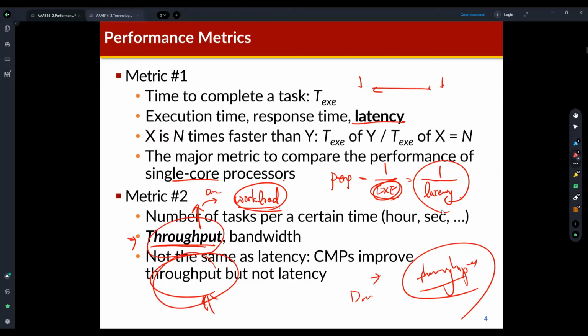So usually, what is the definition of performance? Performance is the inverse of execution time, and so you need to know which factor decides the execution time of a system.